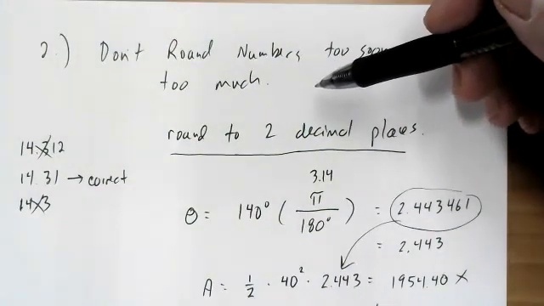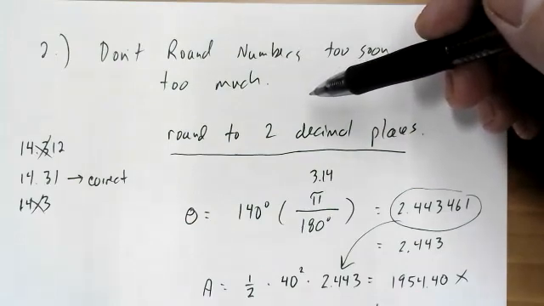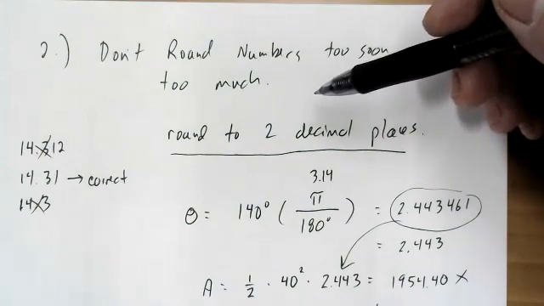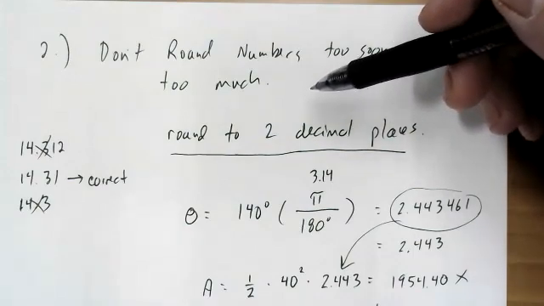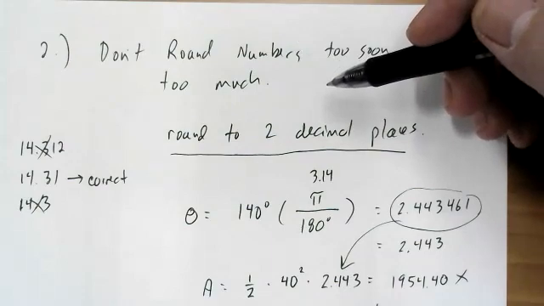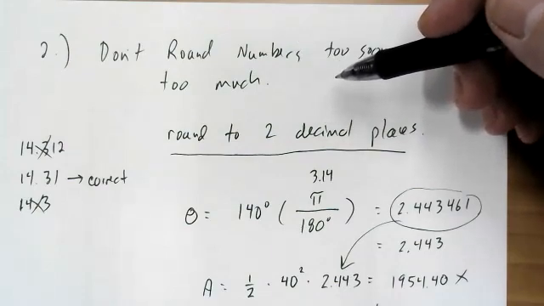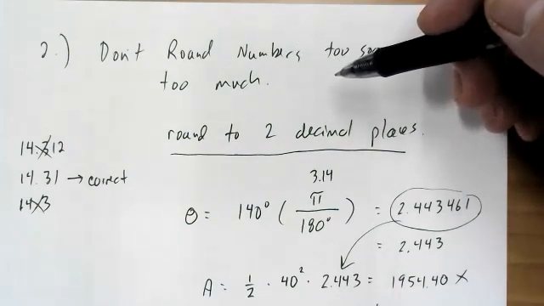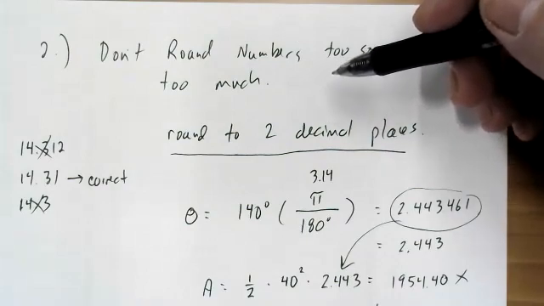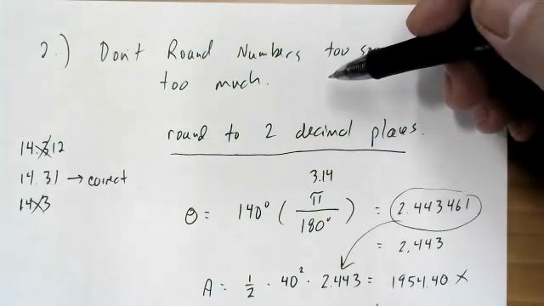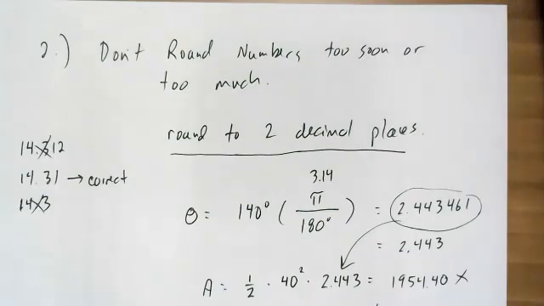If you do that, you will probably not get the answer that the computer's looking for. I'm not going to say it's a wrong answer, but you're not going to get the exact answer they're looking for just because you rounded too soon. So these are the kinds of things that are the biggest culprits of getting wrong answers online.